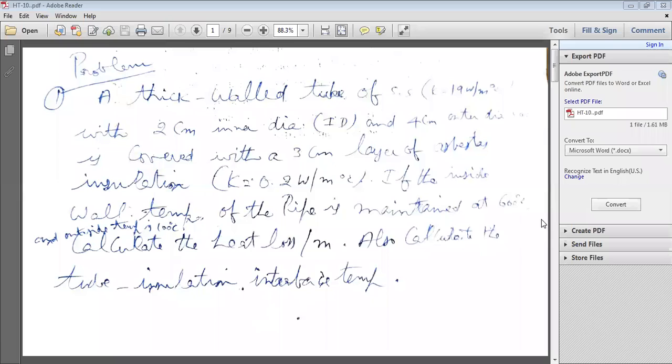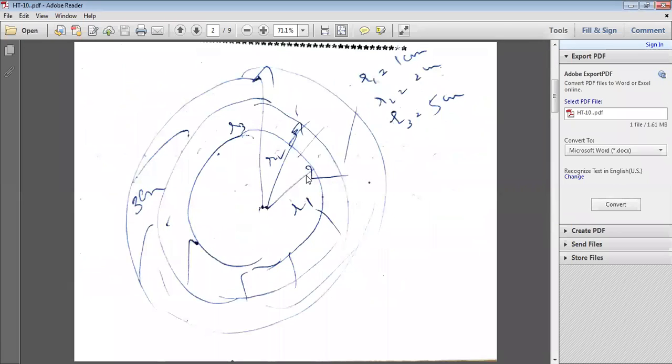So if you take the rough diagram, this is R1, R2, R3. This material is the stainless steel tube. Outside there is an insulating material, asbestos.